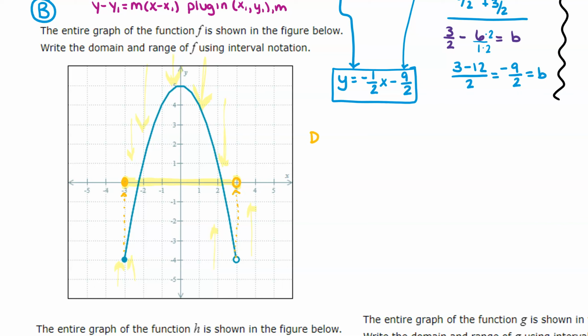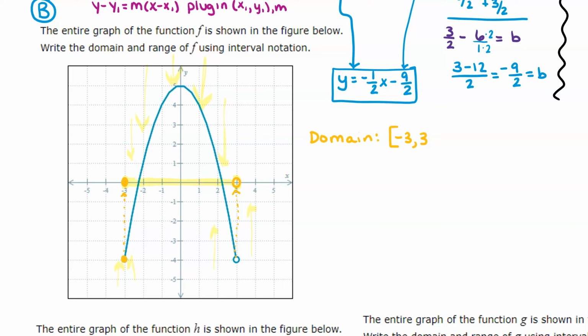So the domain of this graph, the x's that had a y that went with them, start at -3 and go up to +3. Now, since -3 is closed, it gets a square bracket, meaning, okay, get as close to -3 as possible, and also you could use it.